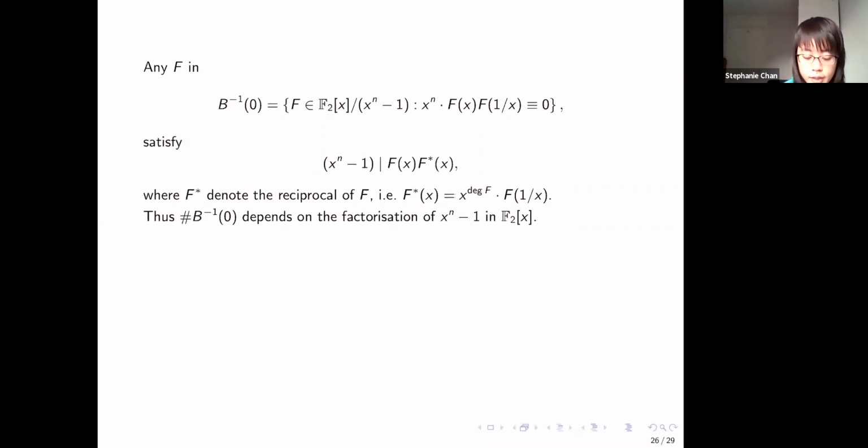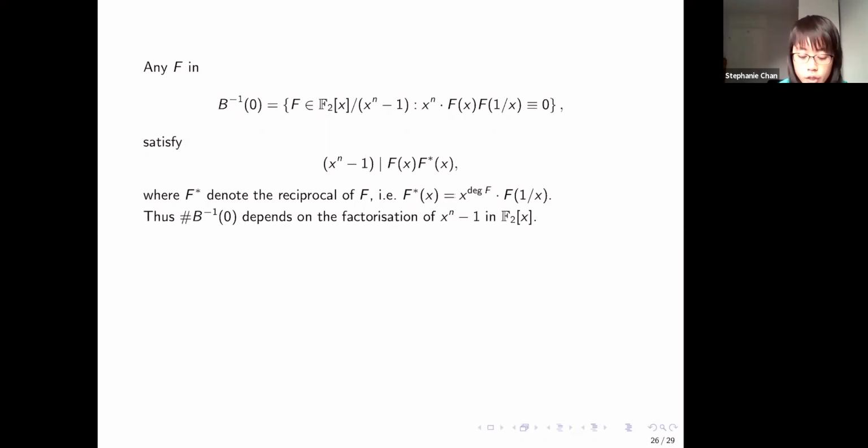And we are counting the number of polynomials with degree less than n, because we're looking at this quotient ring, quotiented by x^n minus 1.